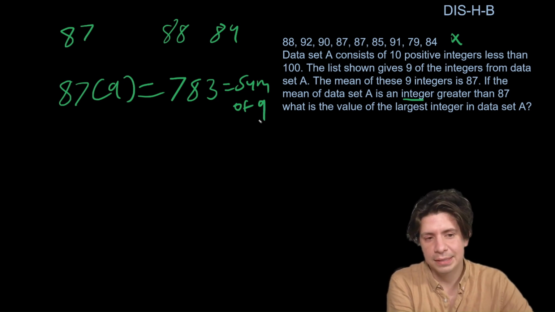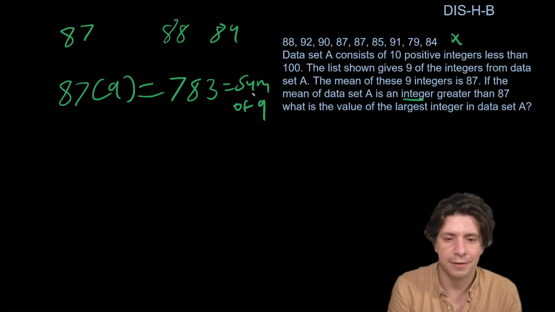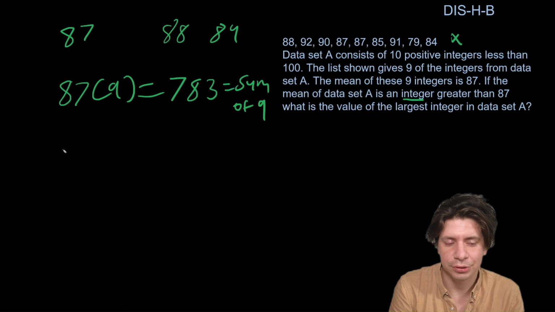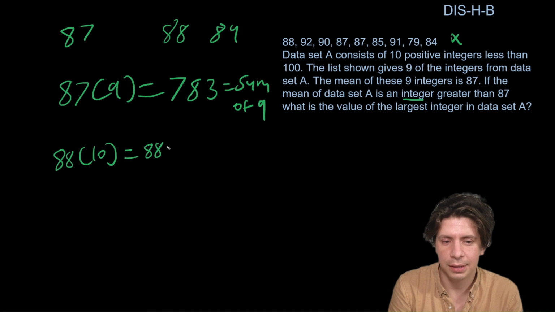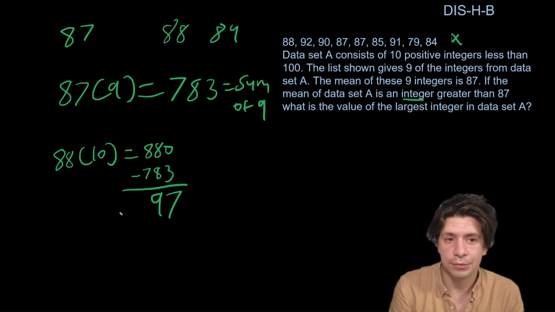I know that because the mean is 87, so you just multiply that by the number of numbers to find the sum. Now, if the new mean is 88, we would just do 88 times 10 to find the new sum, and that's 880. And then we subtract 783 from it, and we get 97. So X could equal 97.